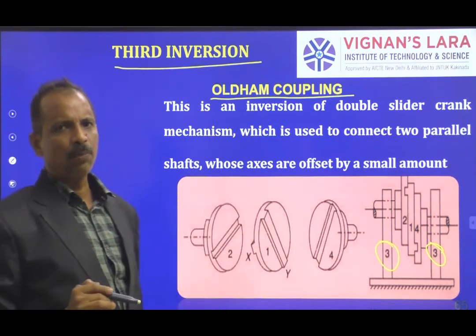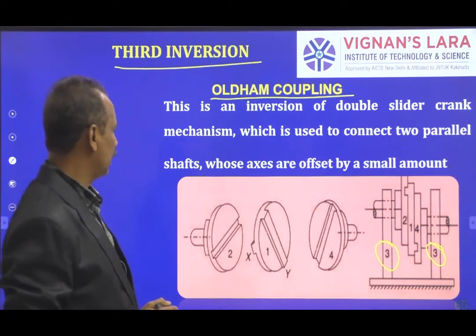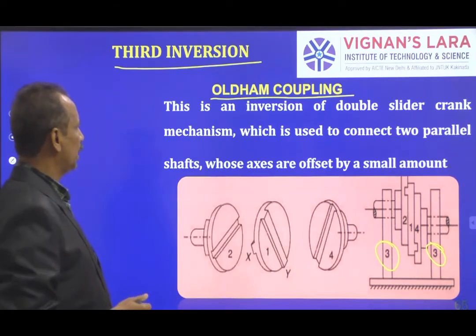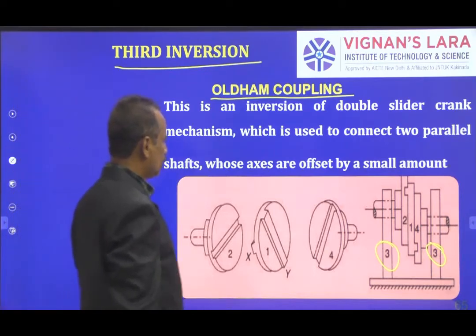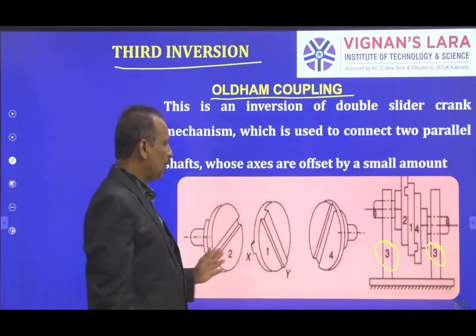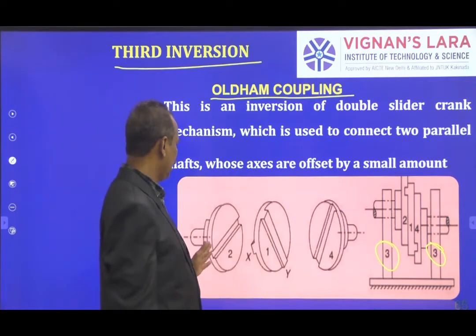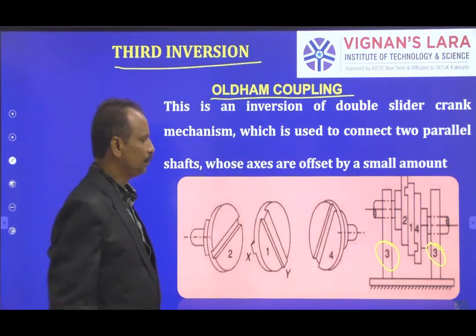Where we use this coupling, for what purpose we use it, how this mechanism will work, and how we can simulate our inversion, let us see. The elaborate view of all the parts is given here: link 2, link 4, link 1.